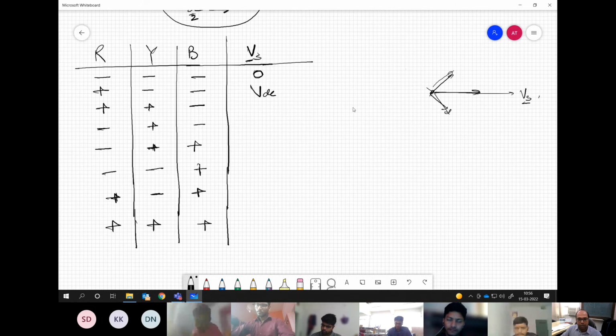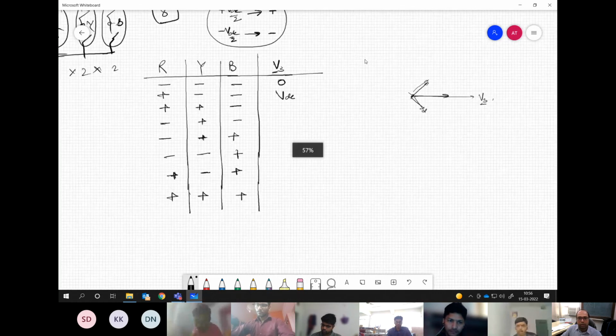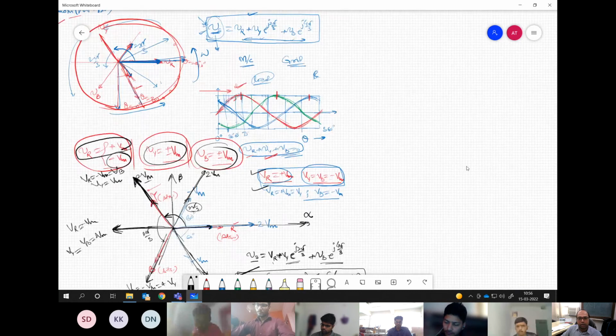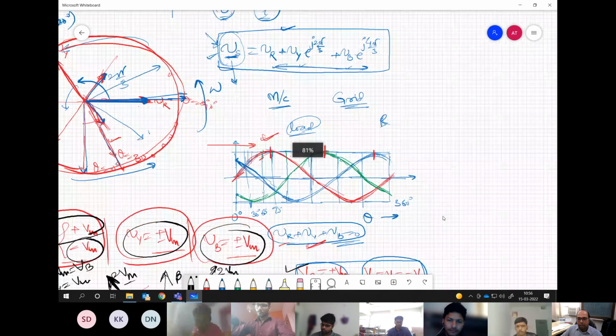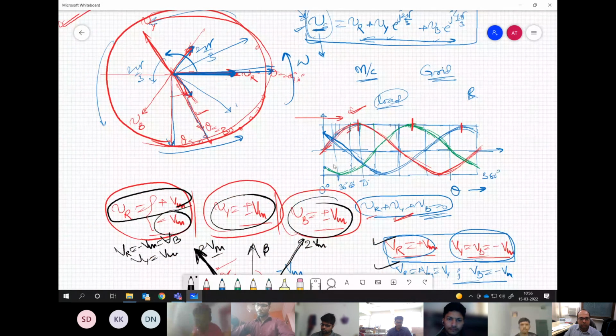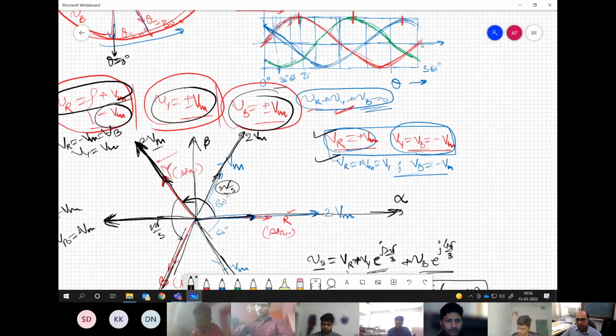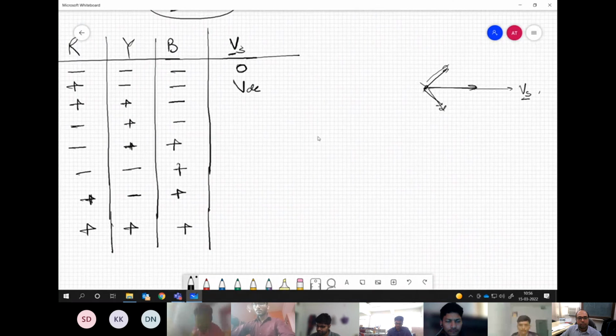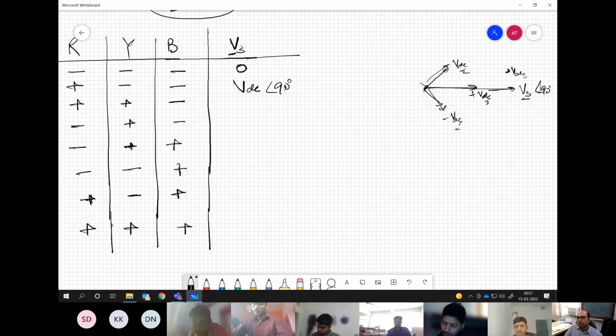Maybe I have missed one thing which I should have told for the three-phase case. The first important thing is to understand where theta is. As I told, theta is 0 here. Then the angle is 90 degrees. The magnitude is plus VDC, because this is plus VDC by 2, this is minus VDC by 2, and this is minus VDC by 2, so overall it comes as plus VDC.